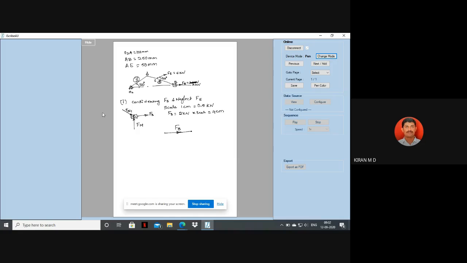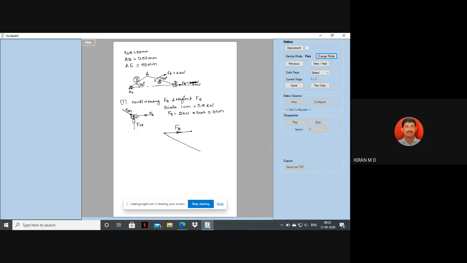Next, we know these directions, F34 and F14. We can draw this force F34 from this point in the same direction. Use the set square and draw the line in the same direction.